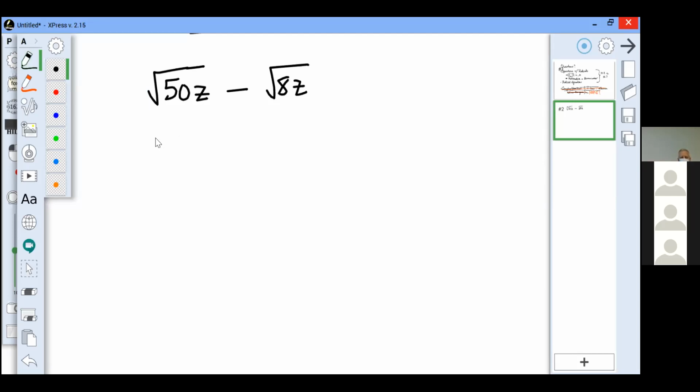Okay, so going back to what we did on Tuesday, we're going to break down this as 25, 2, and then the z. We're going to break down the 8 as a 4 and a 2 and the z. We're going to pull out the square roots of 25 and 4 respectively.